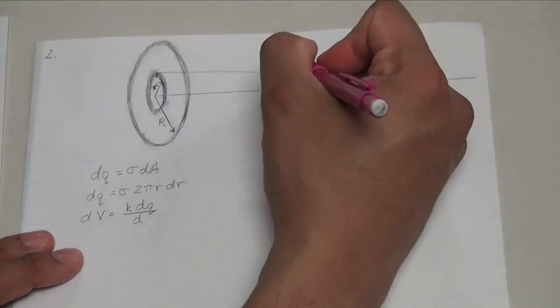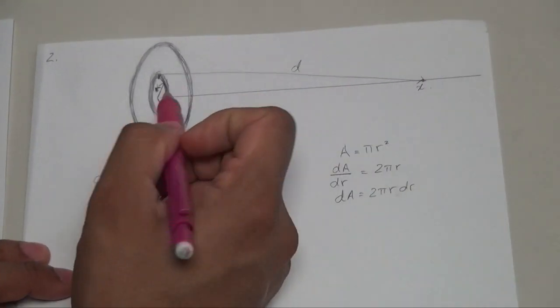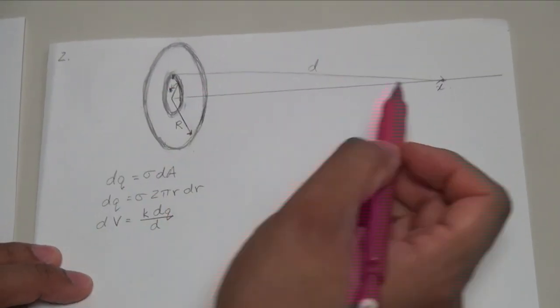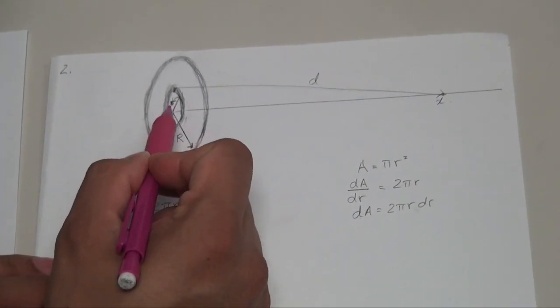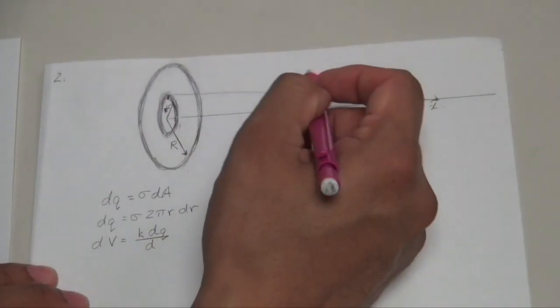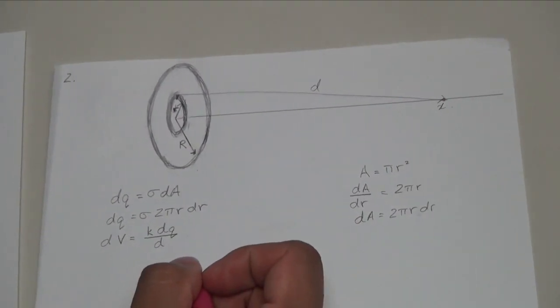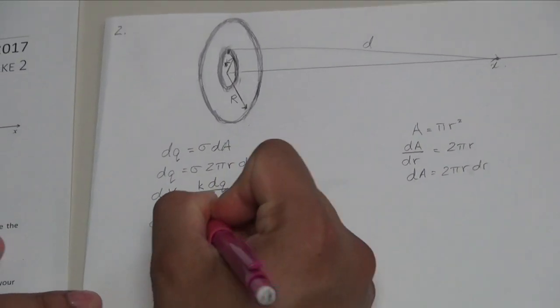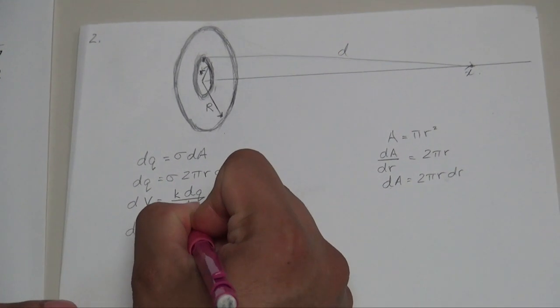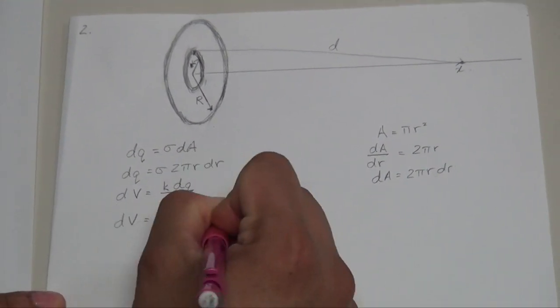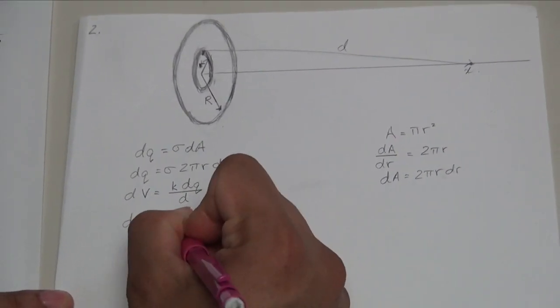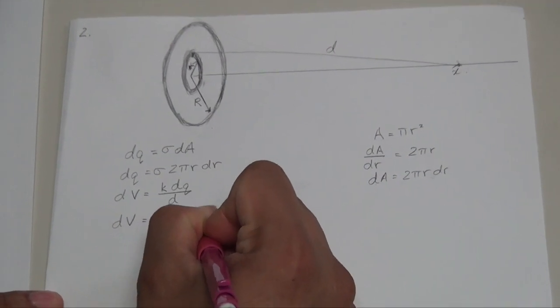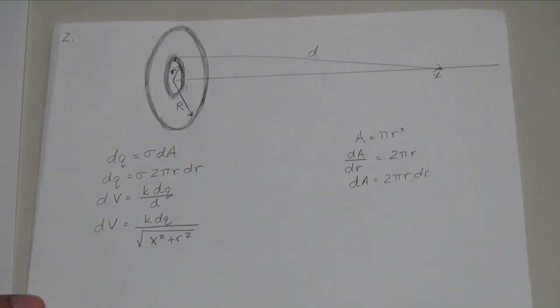And what is the length of d? D is simply a Pythagorean theorem. x squared plus r squared will equal d squared. So when we plug in, dV equals k dq over d, and d is the square root of x squared plus r squared.